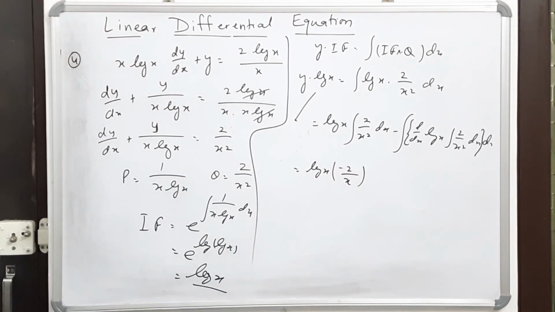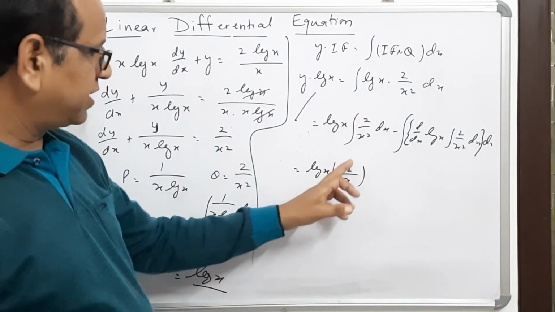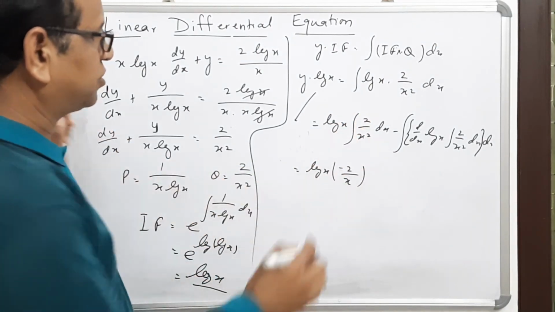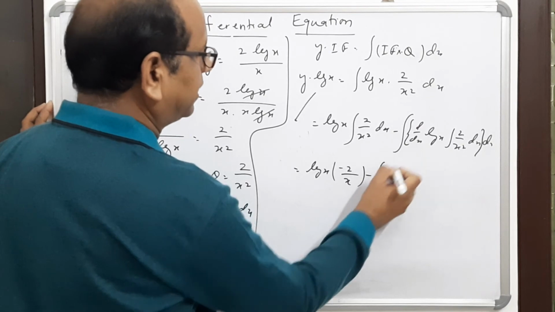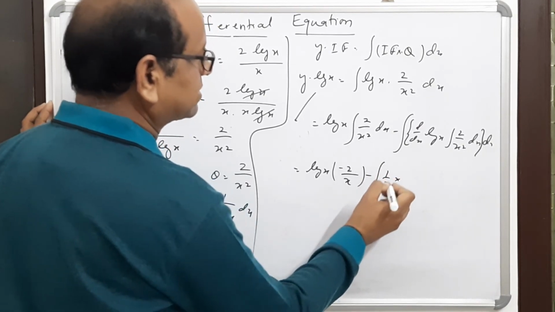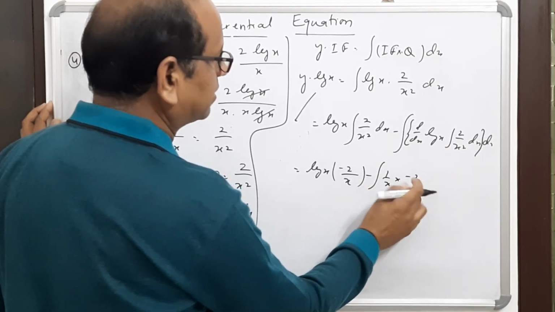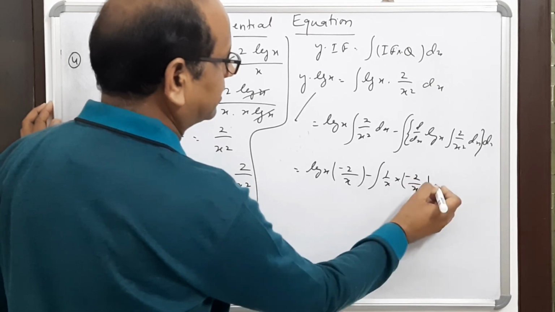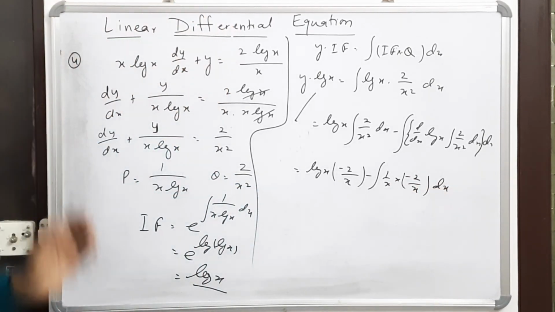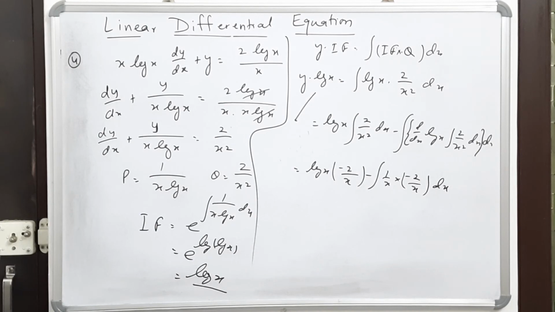The integration of 1 upon x square is minus 1 upon x and 2 is there, so it will be minus 2 upon x. Minus d by dx of log x is 1 upon x, and the integration of this is minus 2 upon x dx. Please see this part nicely. I am not in a hurry. I hope this part is clear to you.